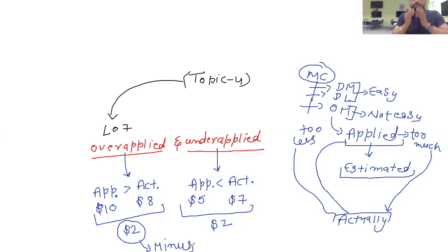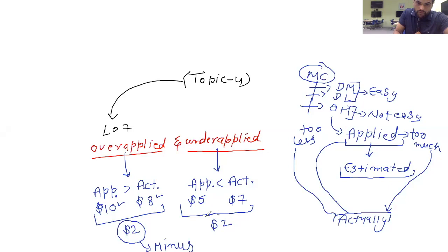I repeat, if we have over applied, we will minus from the cost. Why? Because actually my cost is 8, but when I'm preparing my accounts and estimating my total manufacturing cost, I use $10 as overheads. So I'm writing $2 extra, but actually it's 8, not 10. So that's why I will minus $2.